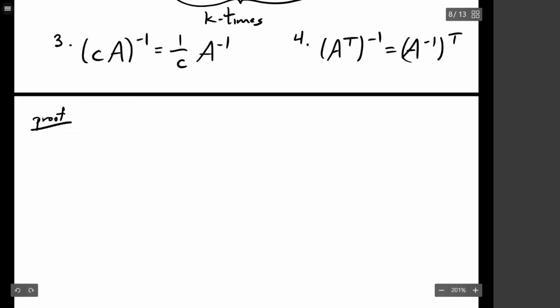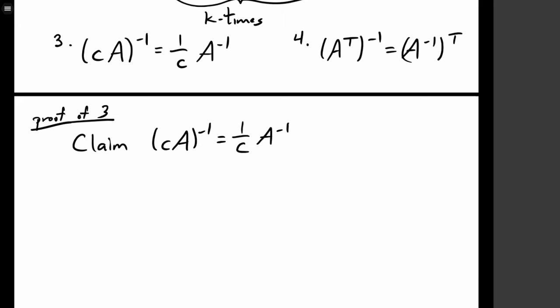So let's look at, say, property 3. How can we prove things like this? We're claiming that the inverse of C times A is equal to 1 over C times A inverse. Now remember, the key thing is that the inverse of a matrix is unique.